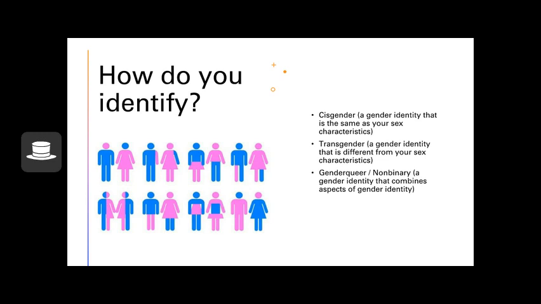So, if I'm born biologically male, and by biologically male, I usually mean external characteristics, so if I have male parts and I feel like I am male, then I am cisgender because my understanding of myself, based off of social factors, matches what society says I should do based off of the parts that I have.